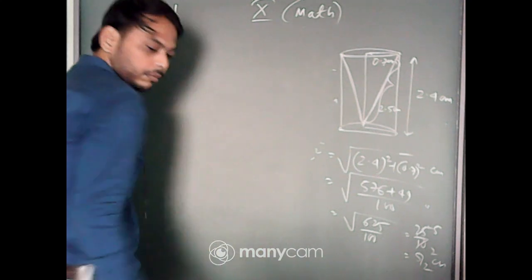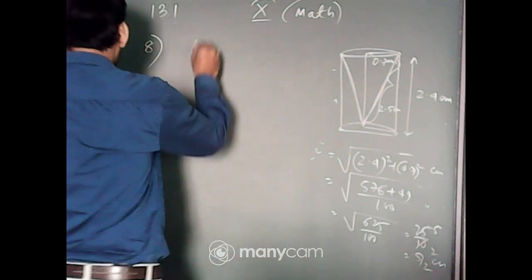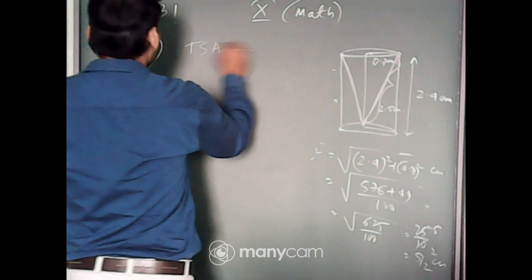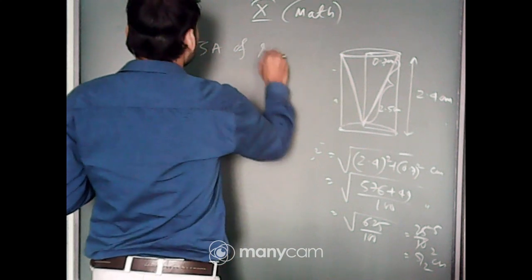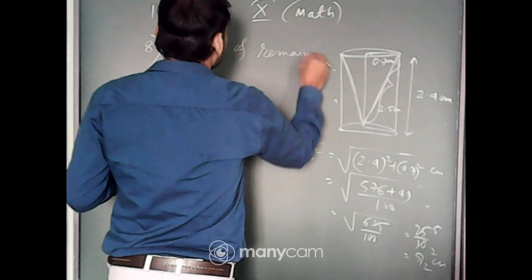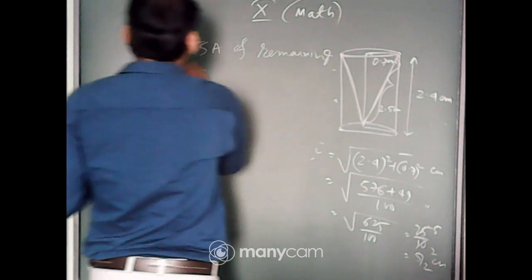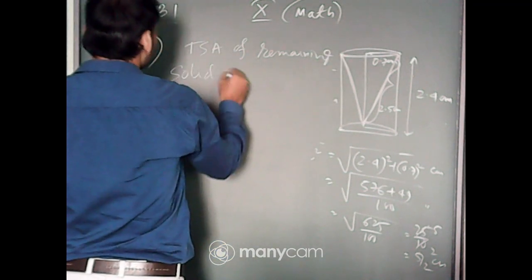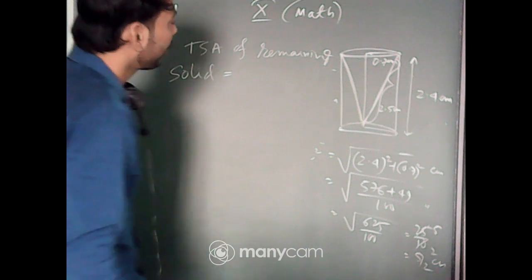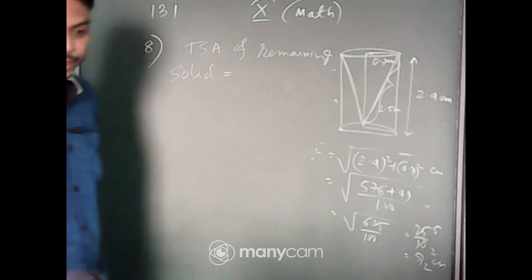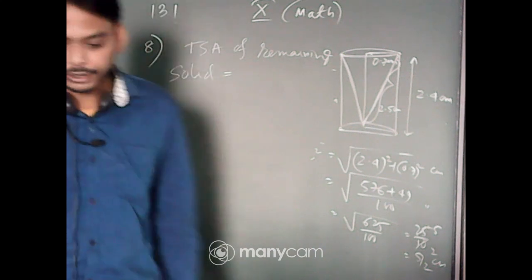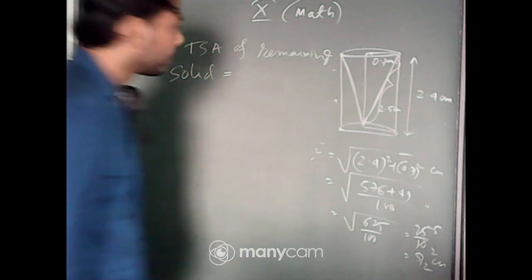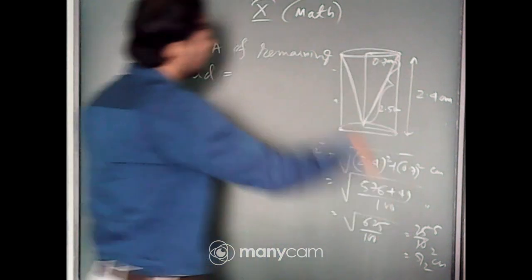Now tell me TSA, total surface area of the remaining solid. Tell me the CSA of the cylinder, the CSA of the cone, and with this the upper portion is cut out.